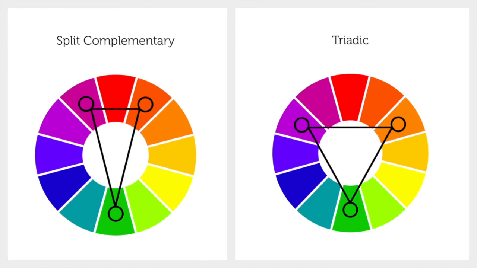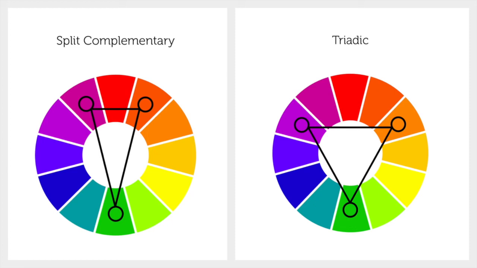All right, so the other 2 color families that I wanted to talk about both create triangles, but in different ways. So we have a split complementary, and then we also have a triadic. The split complementary, you'll see that they chose to use the green, and then instead of using the red, which is directly across, which would be complementary, they're choosing the 2 colors that are on either side of the red, purple and the red-orange.